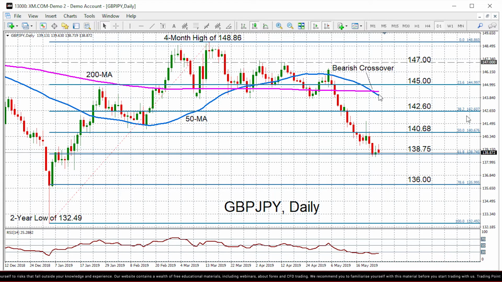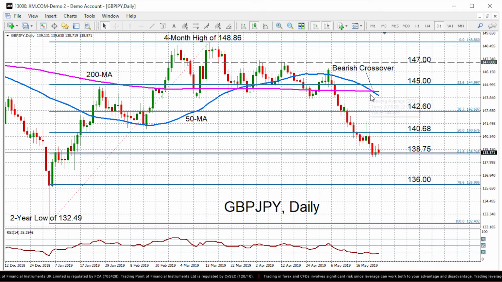But pound yen would really need to climb above the moving averages in order to erase the downside pressure and turn neutral once again in the medium term. So we're really looking at pound yen having to aim for the 145 handle, that's the 23.6% Fibonacci.